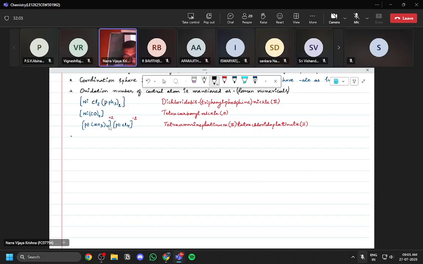Next one. If you are writing the name of any bridged ligands, in case of bridged ligands, use the mu symbol along with the name of the ligand.